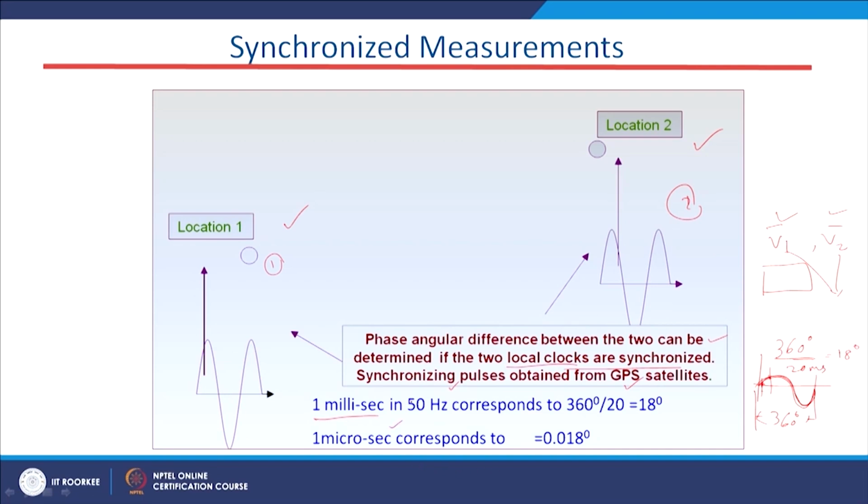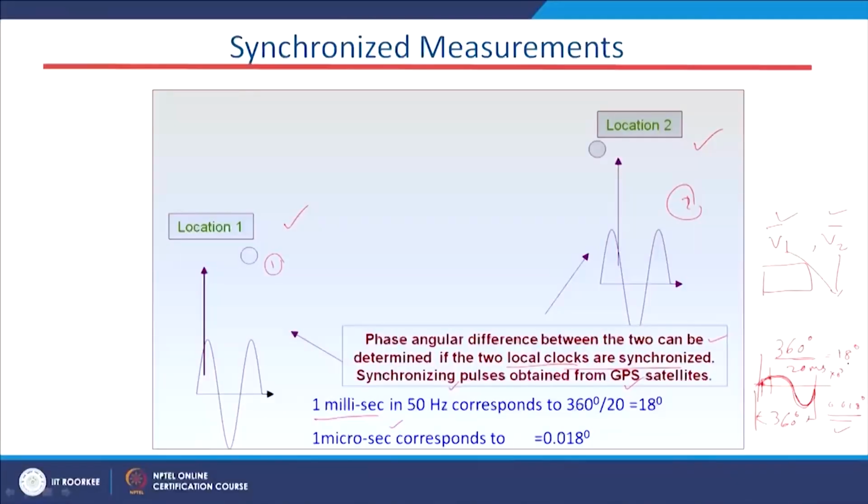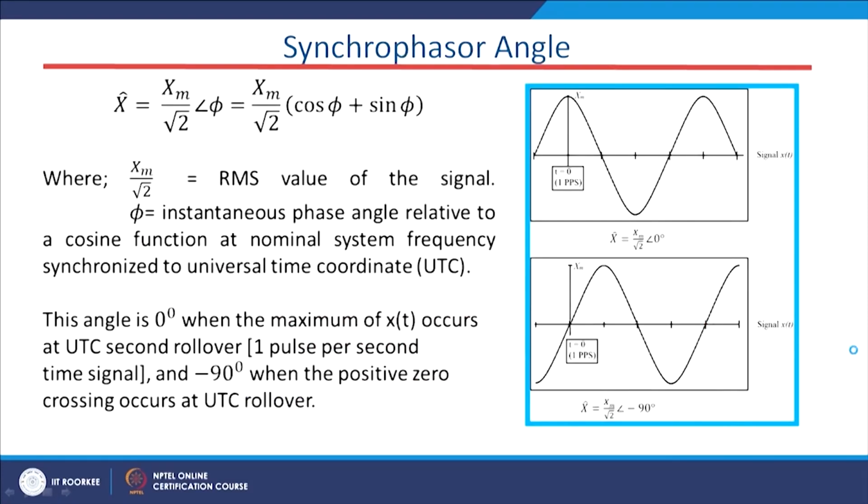And if we correspond to 1 microsecond, how much will it be? If we divide again by 10 to the power 3, it will be 0.018 degree. So the precision, the resolution, is better. If suppose we have some error between two samples, then with 1 microsecond resolution it will be much better than this 18 degree difference. So these are the concepts of synchrophasor angle measurement.